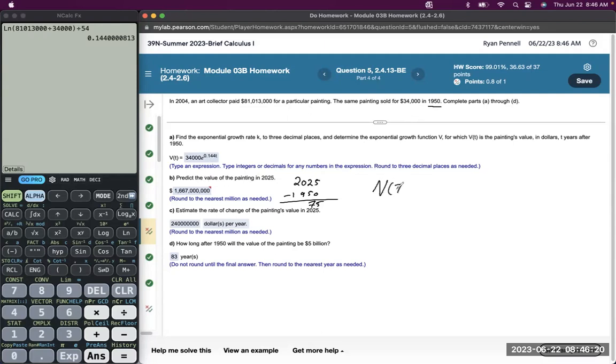So I can plug in 75, and that's 34 E to our new growth rate, 75. Okay, so the next hurdle is to plug that all in. Okay, times E 0.144 times 75. And there we go.